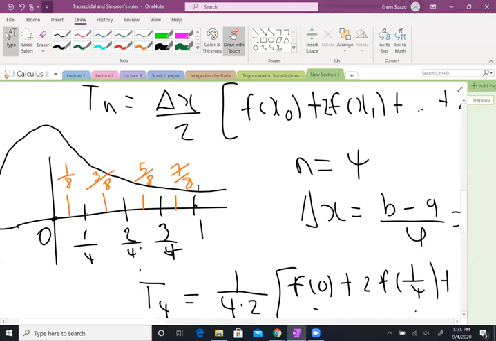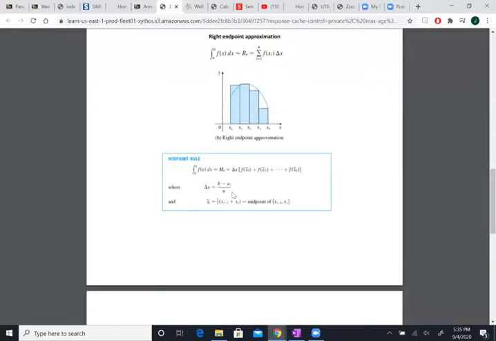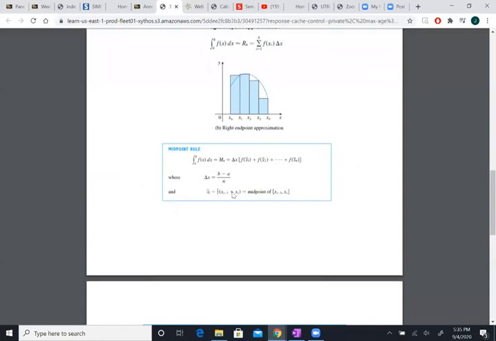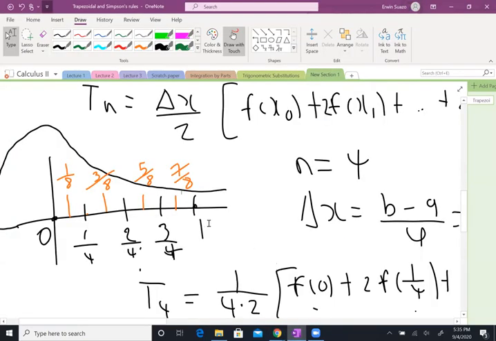And then, as the formula shows, the midpoint rule. Oh, I didn't put the graph. Well, I can make the graph for this. The interval tells you how high the rectangle goes, right?